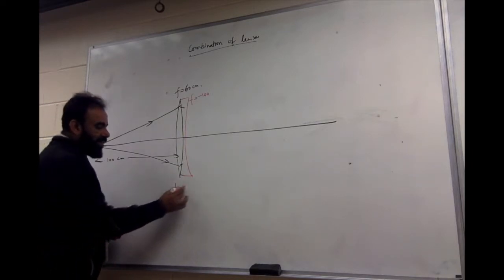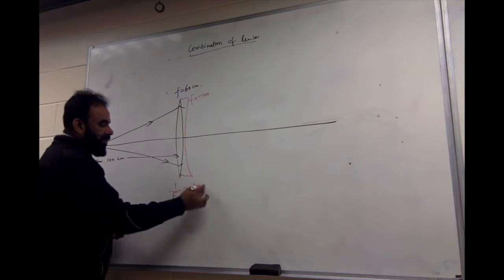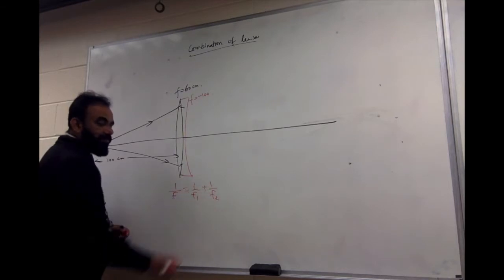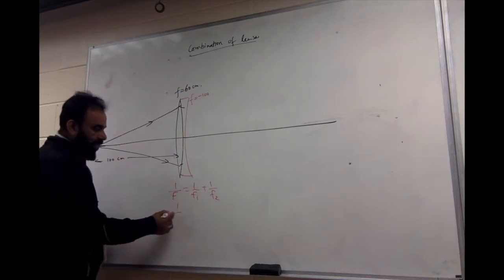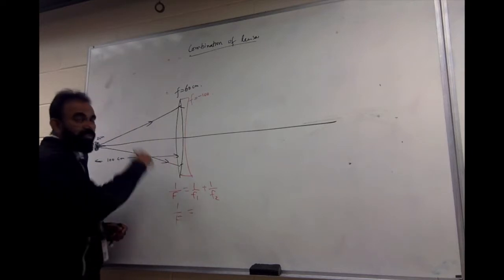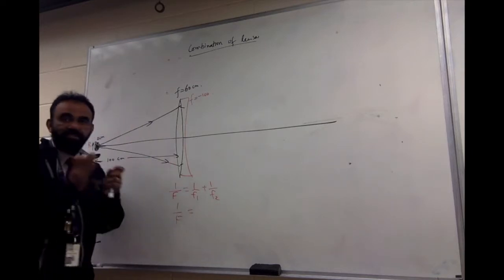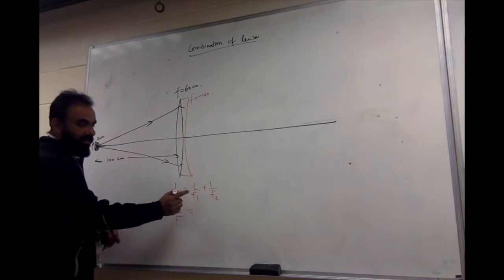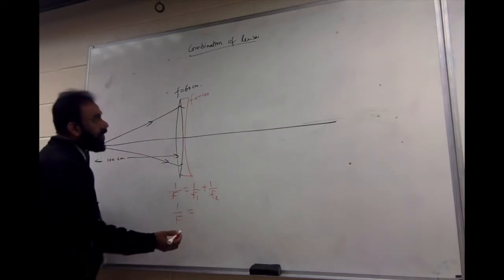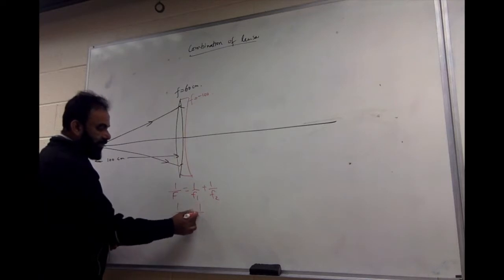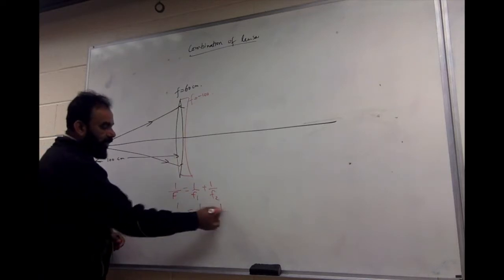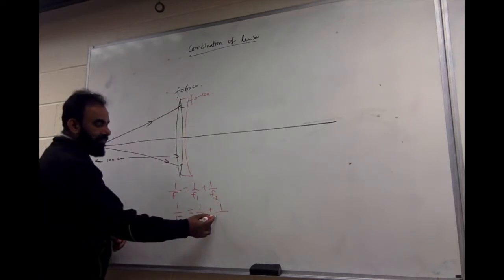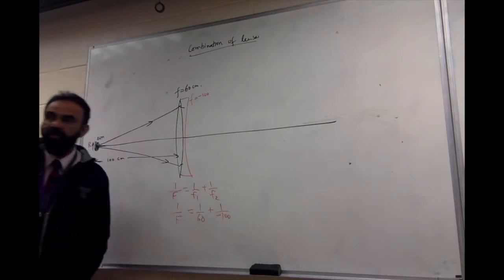So 1 over f equals 1 over f1 plus 1 over f2. For the combination, because they are sitting together, you can treat them together with this formula. So 1 over f1, which is 1 over 60, plus 1 over negative 100.